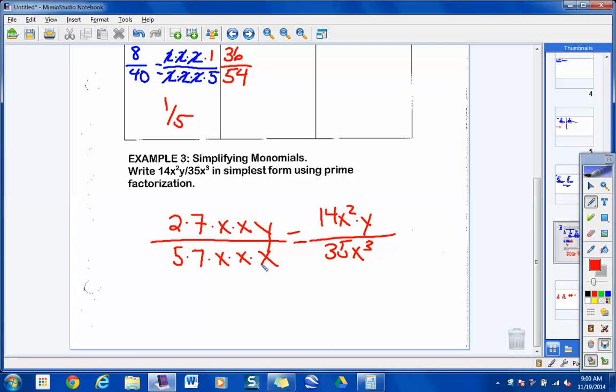So in the numerator and denominator, tell me what my numbers or variables are that are common. 7 and 7. X and X. Boom, boom. And then that leaves you with 2. Got another couple of pair of X's that could go, couldn't they? Everybody agree there? Yes.